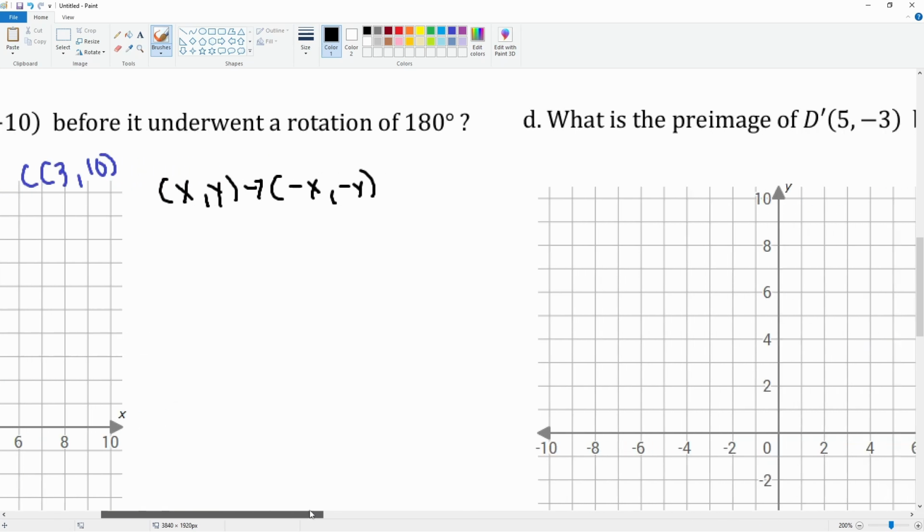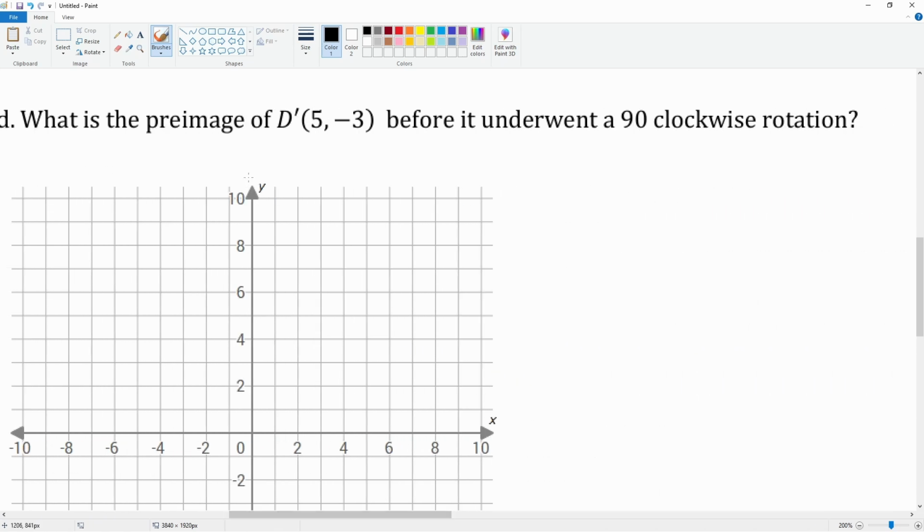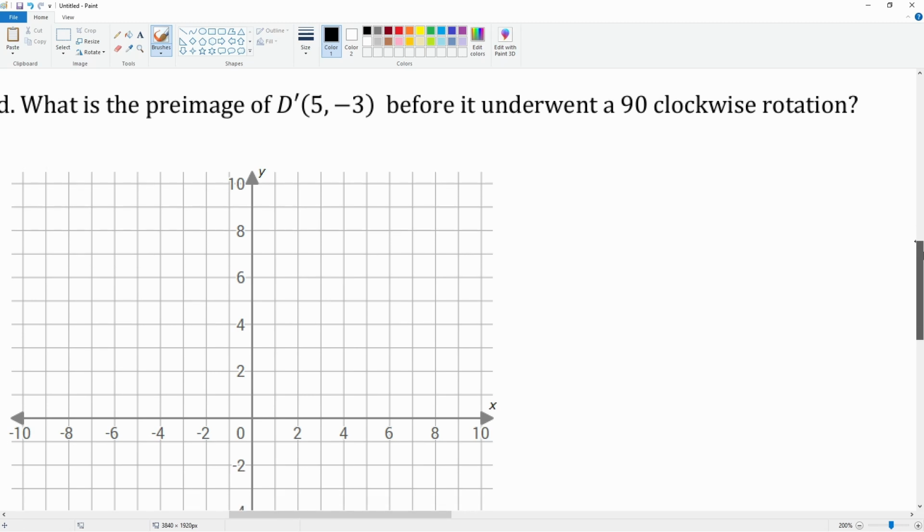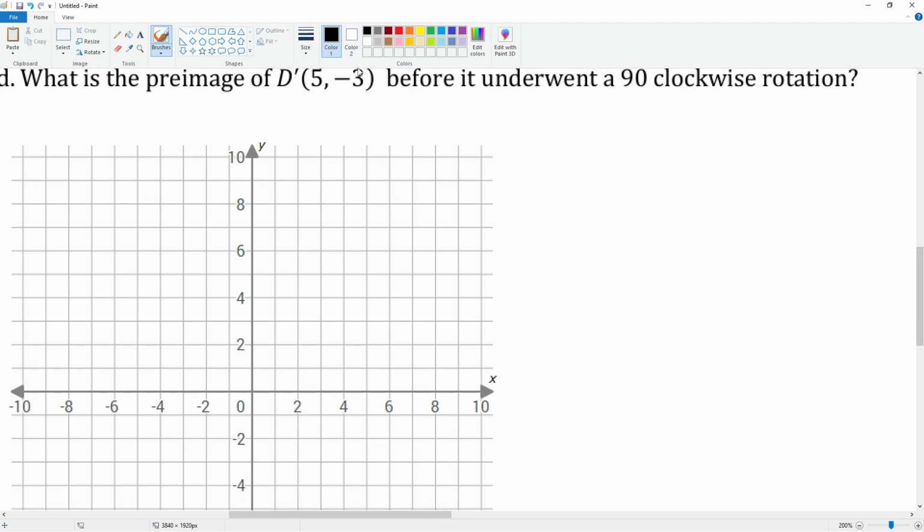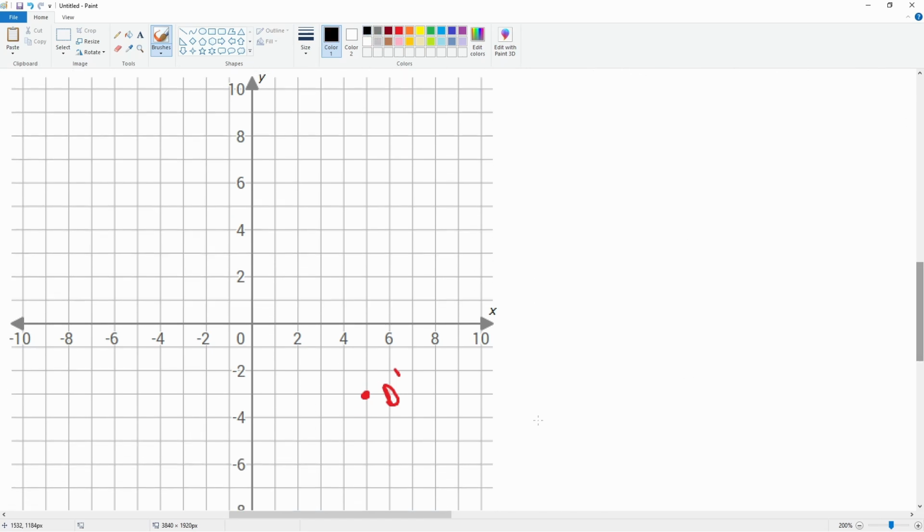to where it was. Okay, what is the pre-image of 5 comma negative 3 before it underwent a 90 degrees counterclockwise? Okay, so D prime is right here, 5 comma negative 3. Okay, D prime. Now, something's going to happen, right? It went 90 degrees counterclockwise, right? So its original point is somewhere in this quadrant right here. So let's see.